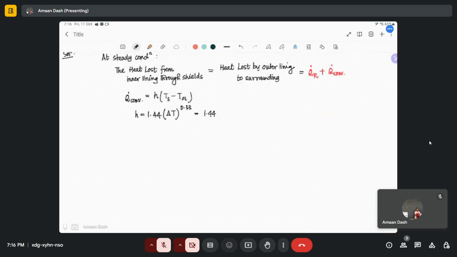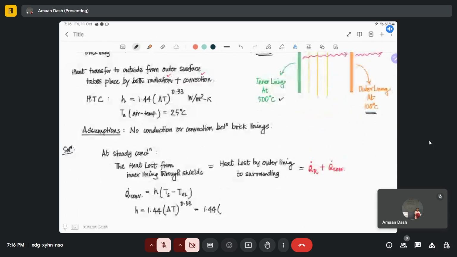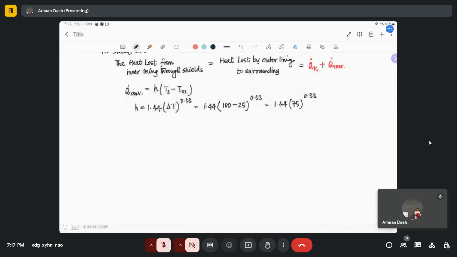So I can write this as heat lost by outer lining to the surrounding. And this heat loss to the surrounding, we know, is taking place by two heat transfer modes, that is radiation and convection. So this we can write as Q dot of radiation plus Q dot of convection.